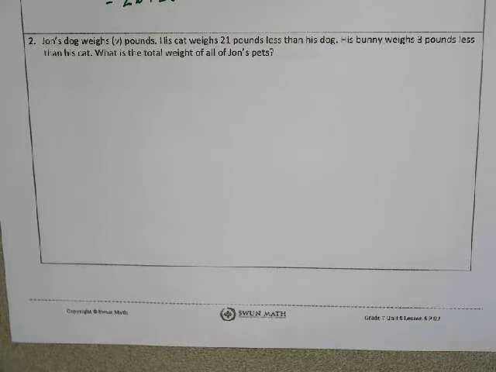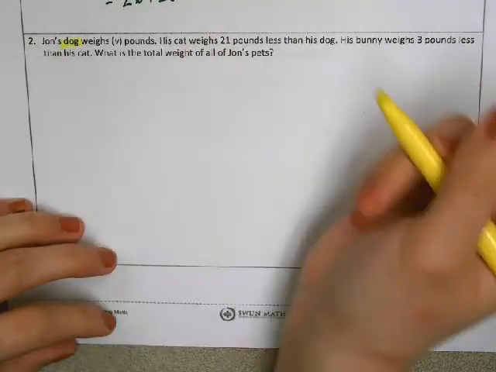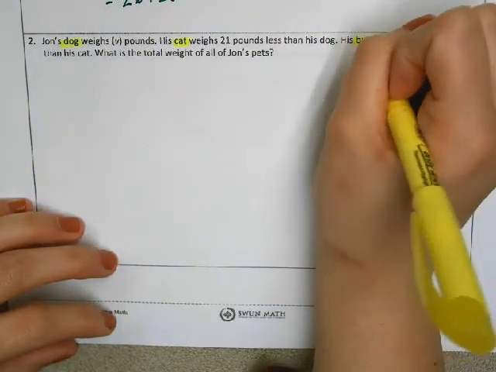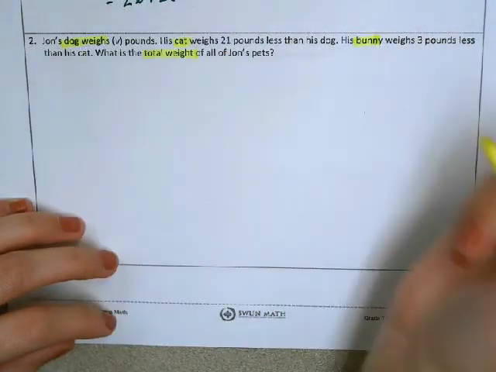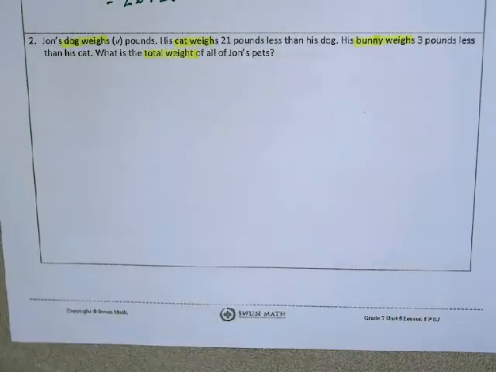So again, I'm just going to go in with my yellow and highlight key terms that I want. So we know we have a dog, we know we have a cat, and we have a bunny, and we want the total weight. So dog weighs, cat weighs, bunny weighs, and we want the total weight of all the pets.